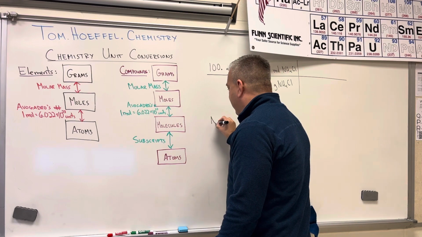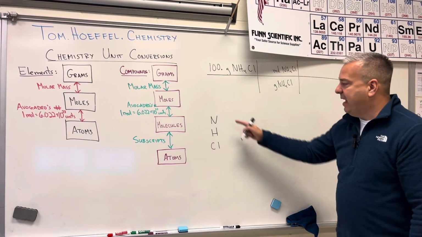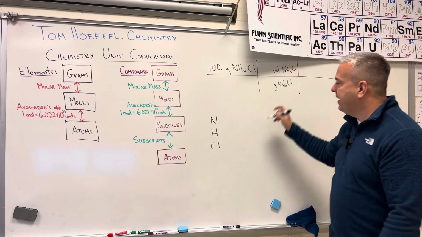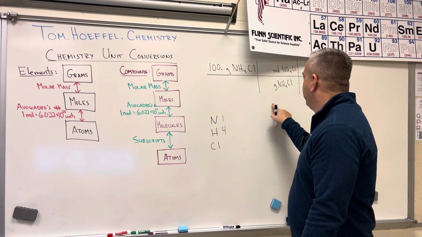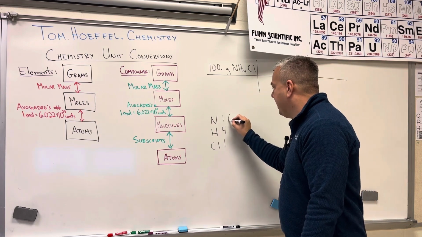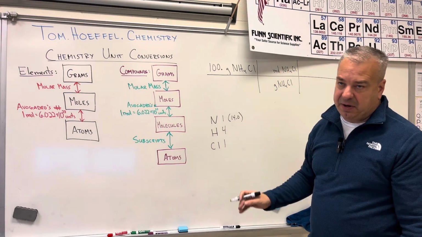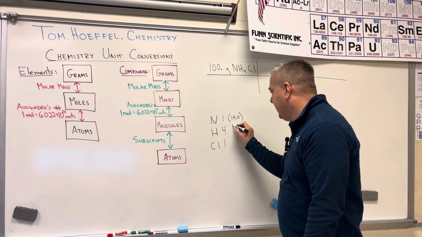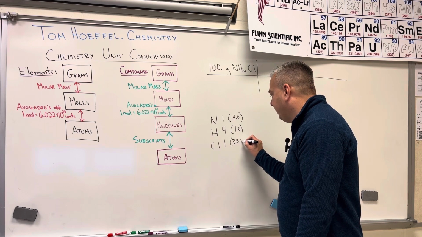So a lot of times I like to set up a little chart that has how many atoms there are. We got 1 atom of nitrogen, 4 atoms of hydrogen, and an atom of chlorine, and I'm going to multiply that by the atomic mass that's on the periodic table. So for nitrogen, it's 14, for hydrogen, it's 1, and for chlorine, it's 35.5.